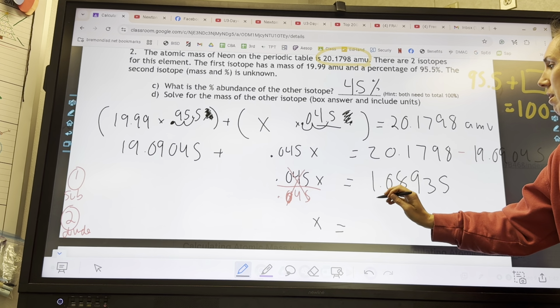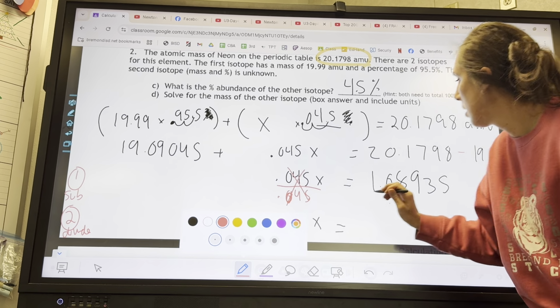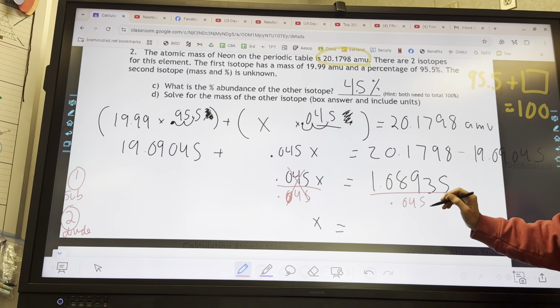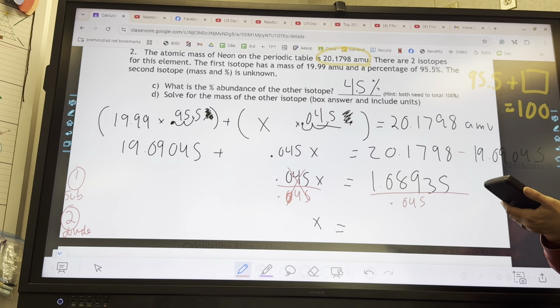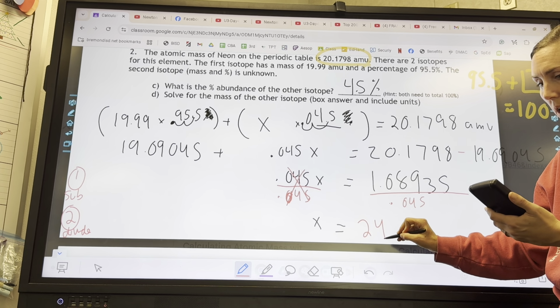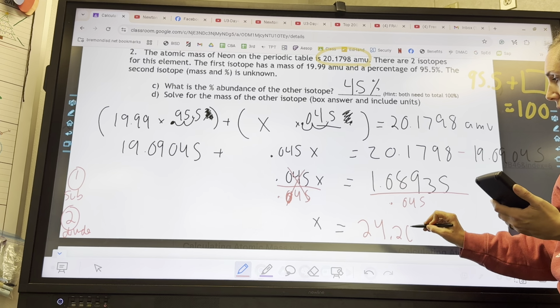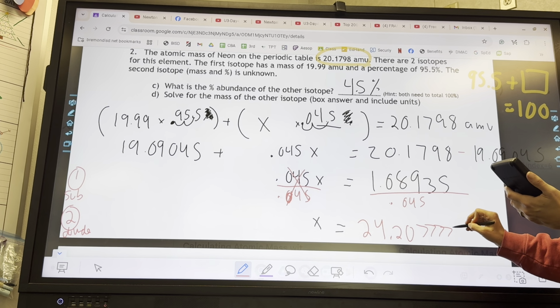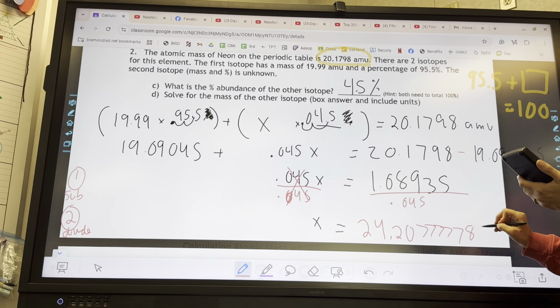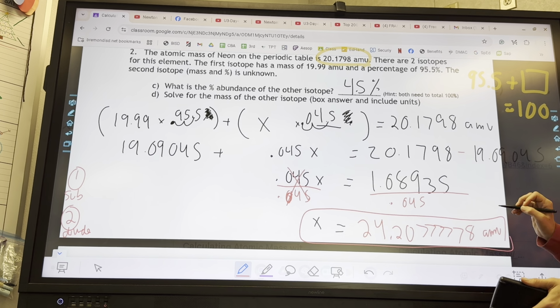Then when we divide that by 0.045, now we get 24.2077777, about 24.2078 AMU. That's what you got, Sarah? Yes, ma'am. Okay, yep.